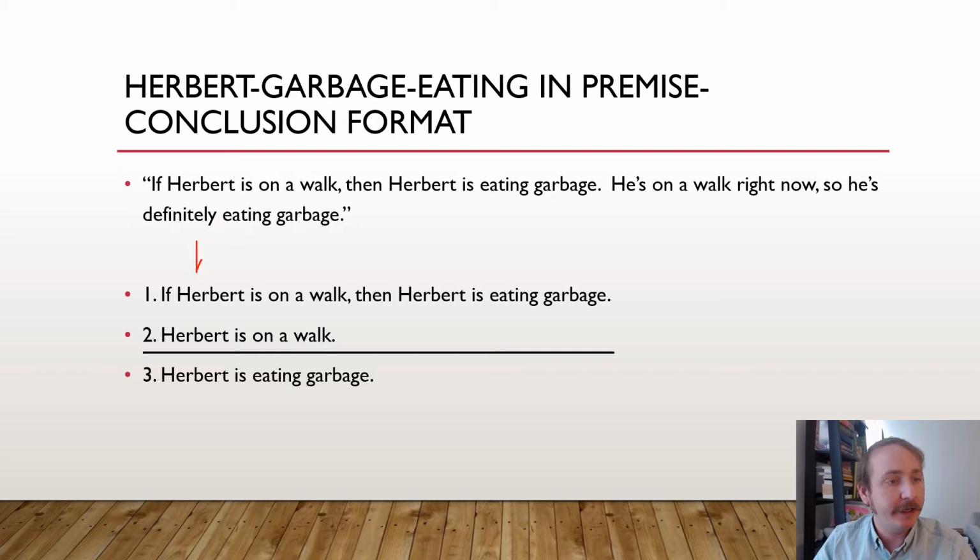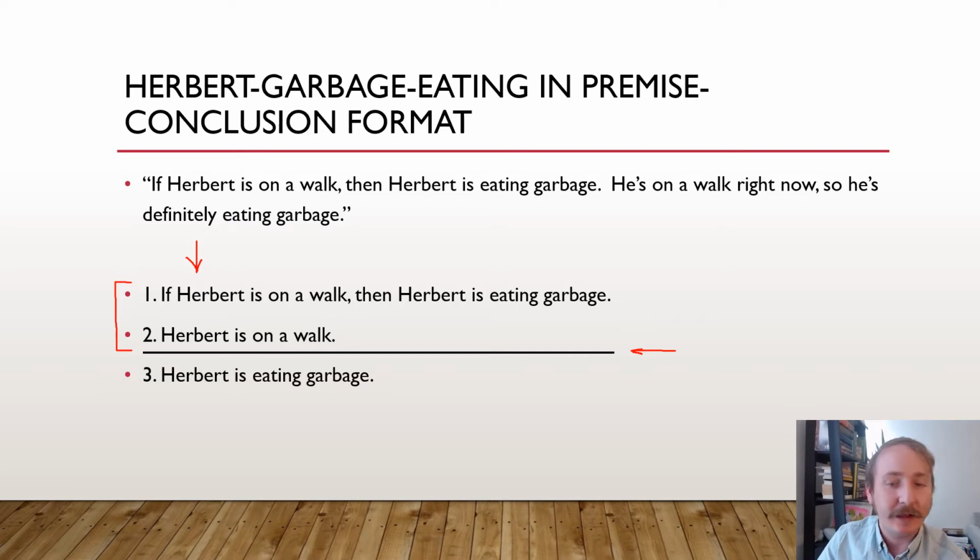So here's that argument that we were considering put into premise-conclusion format. If Herbert is on a walk, then Herbert is eating garbage, that conditional statement. Herbert's on a walk, therefore he's eating garbage. I use this example, of course, because I live in a very dirty neighborhood in Brooklyn where there's garbage everywhere and the dogs love it. But the way that this is set up is these two first claims are premises, and this line indicates that the thing that comes after the line is a conclusion, right?